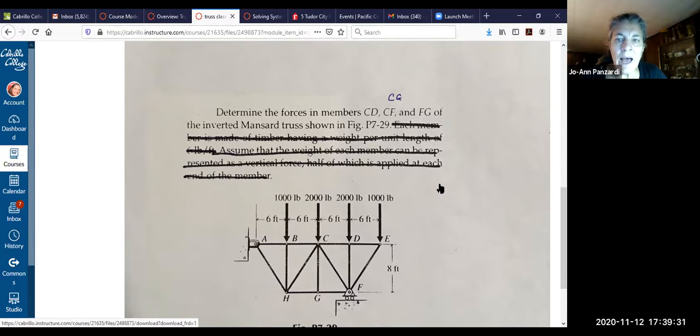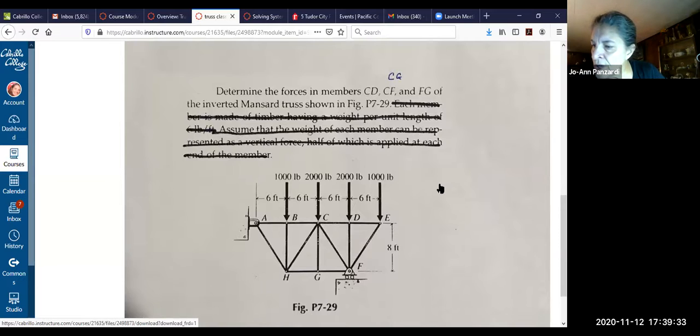Now the next 3 forces they want us to find are CD, CF, and FG, right? But what's rule 2 of sections say? Go look at their rule.